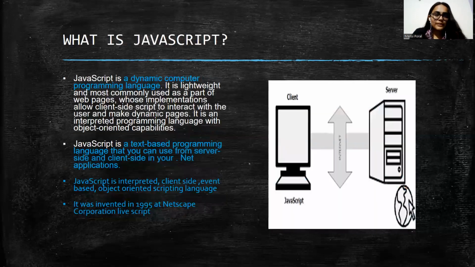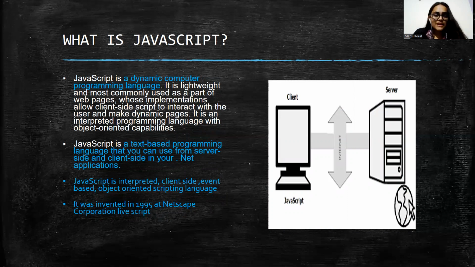So what is JavaScript? JavaScript is a dynamic computer programming language. It is lightweight and most commonly used as a part of web pages, whose implementation allows client-side script to interact with the user and to make dynamic pages. It is an interpreted programming language with object-oriented capabilities.